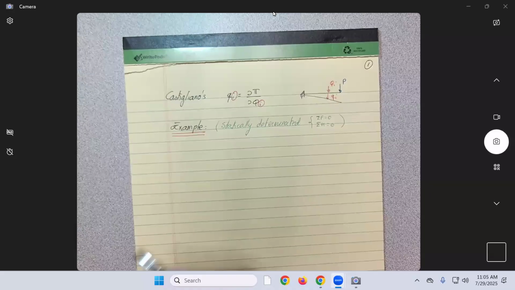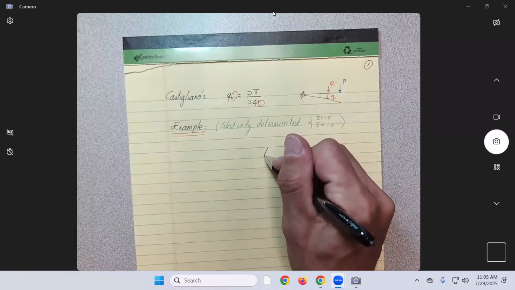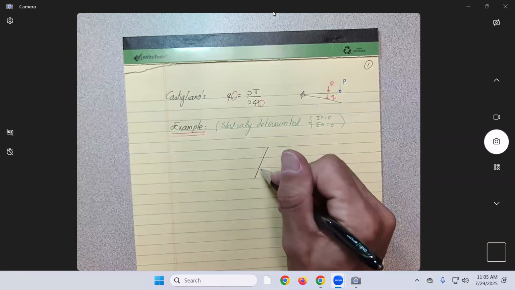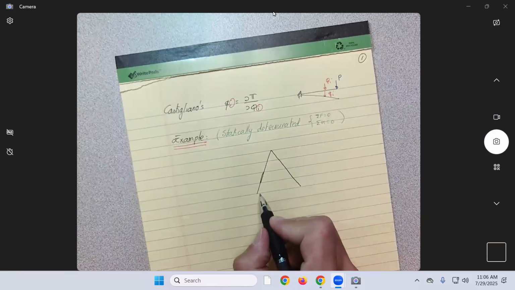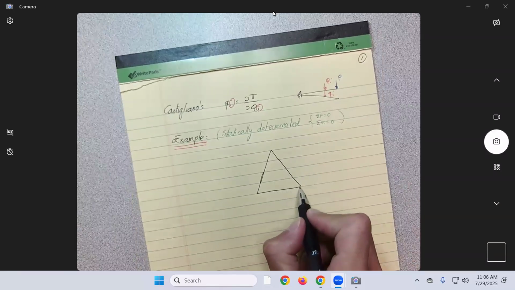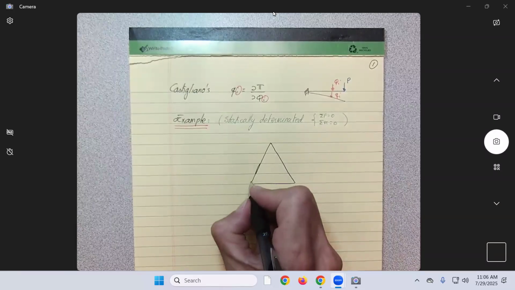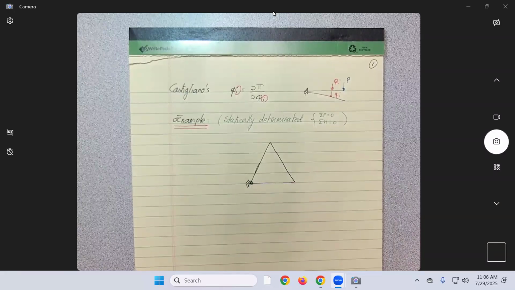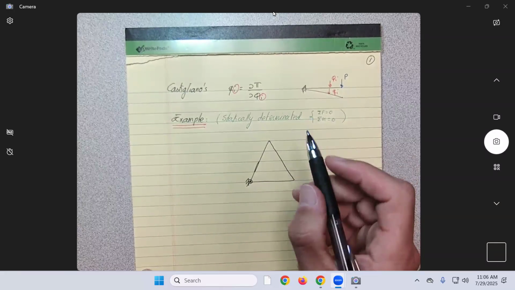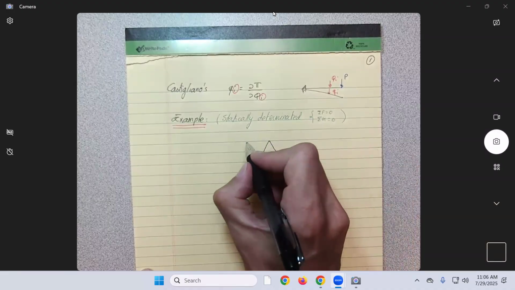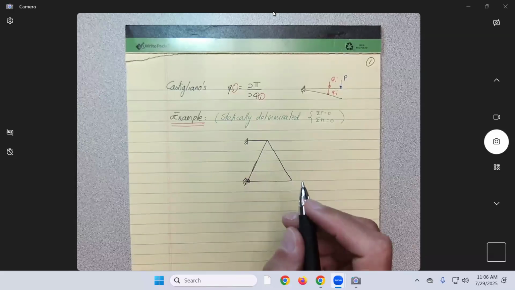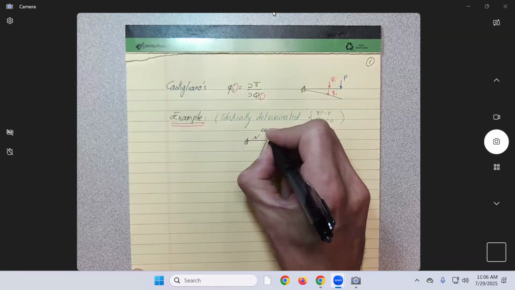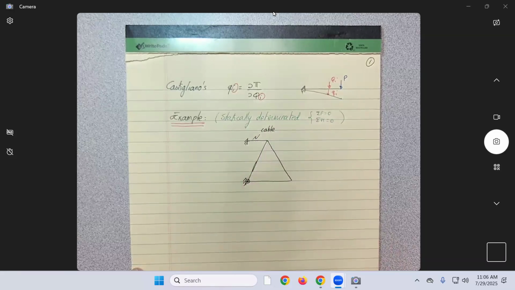Okay, so here we go with the problem. We have a simple truss structure, which is going to be pinned at this location over here. And then we're going to have a cable at this location.